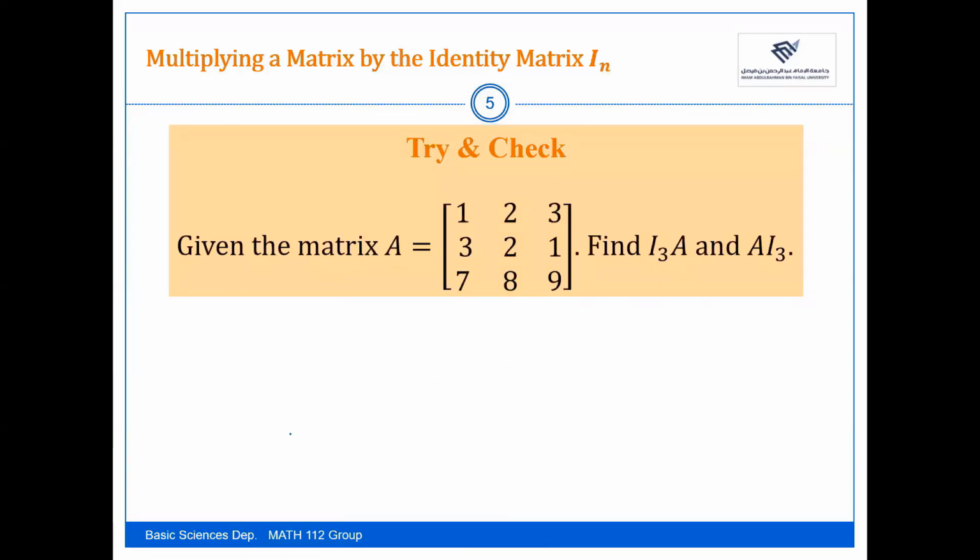Same thing here. You can try the identity times A, to the left and to the right. This gives you A, and this also gives you A. So this is the identity matrix.